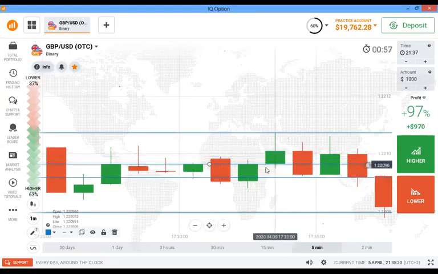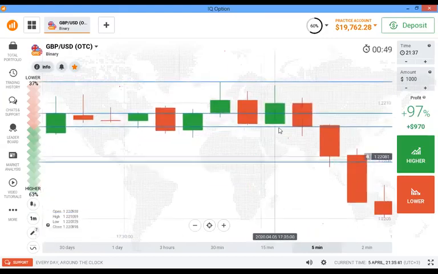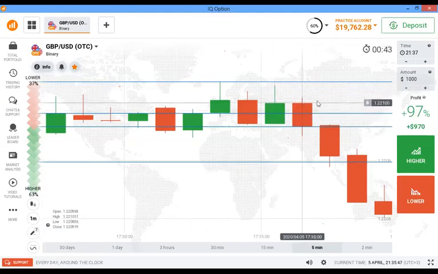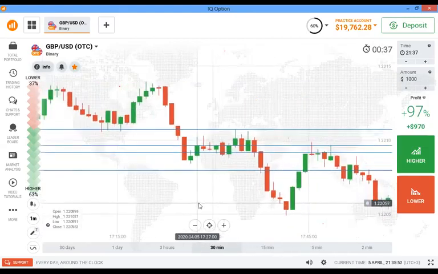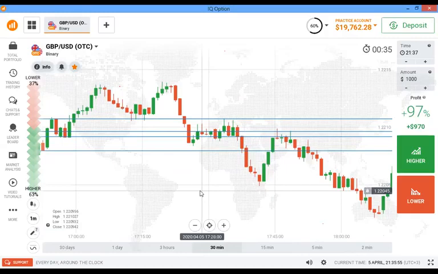So if it opens at the same level, buyers enter. Then it closes at the sellers area, sellers enter. You can see the same thing happening here. If the opening price is here, buyers will enter. But the opening price is at the sellers area. That's why sellers enter. So observe the little gap.